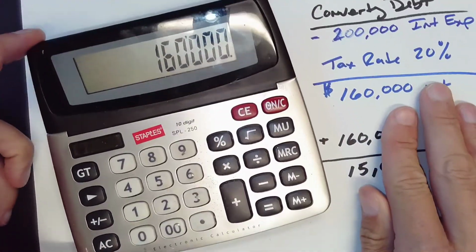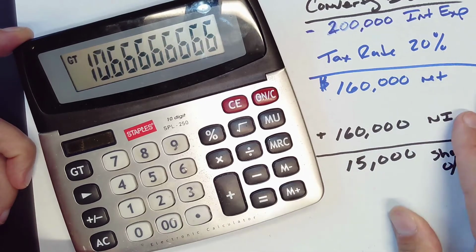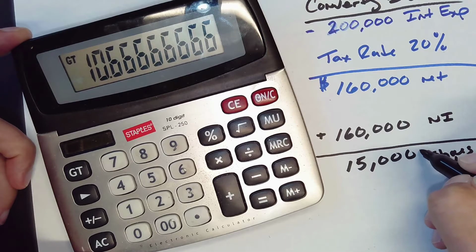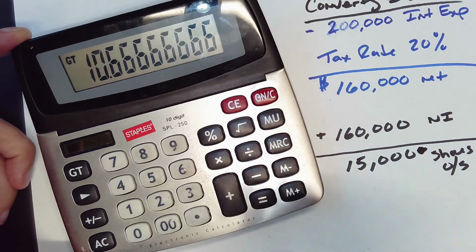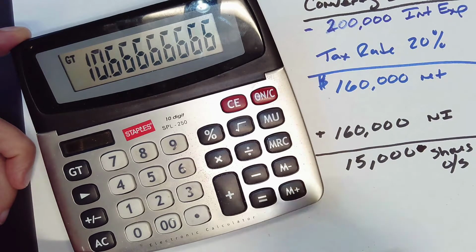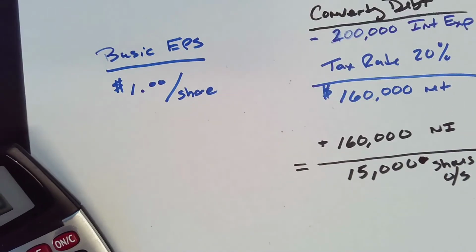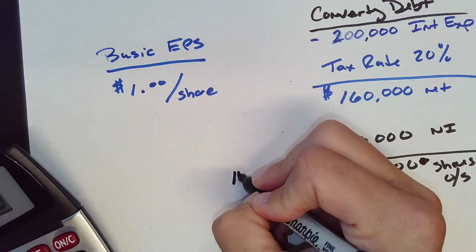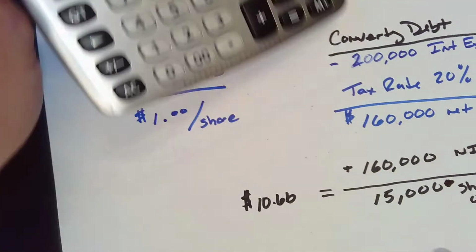160,000 divided by 15,000 shares. Or I should say 150,000 shares, sorry. I don't want to do 150,000 shares. Well, no, let's just say 15,000 shares. That's fine. That's $10.66 a share. That net income just went up. Okay?